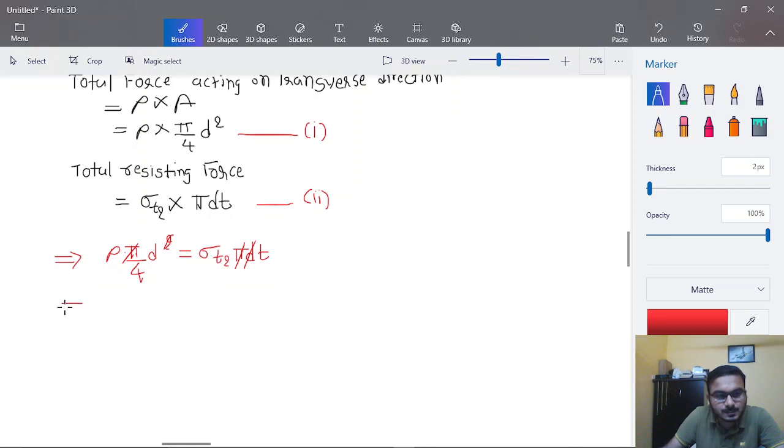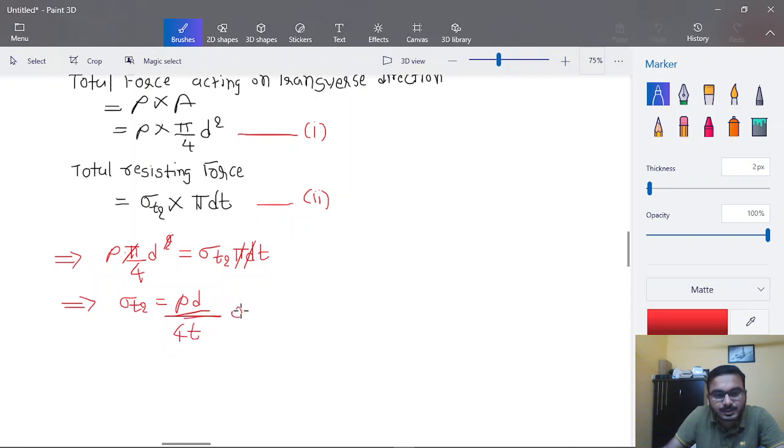So we can say that sigma T2 is equal to P into d divided by 4t.